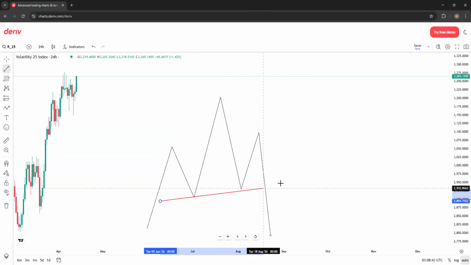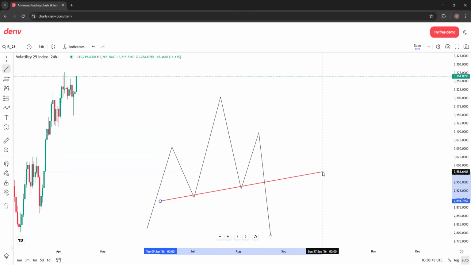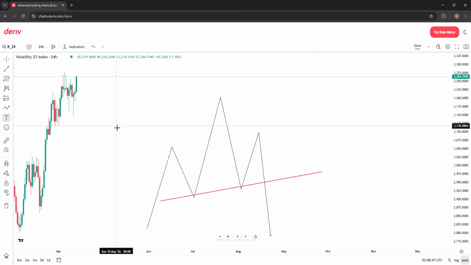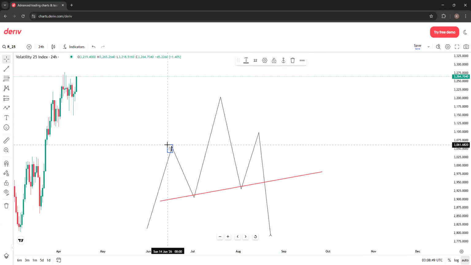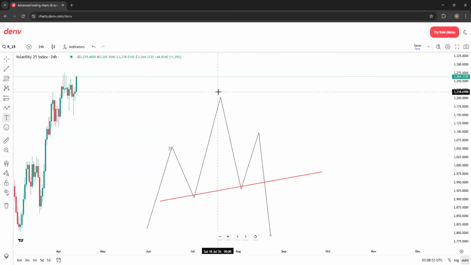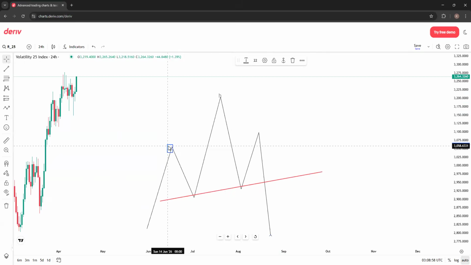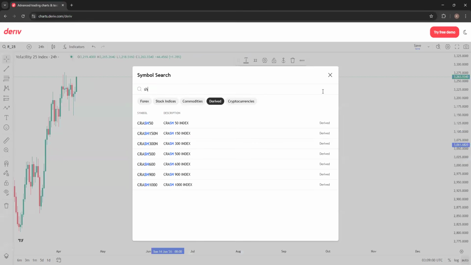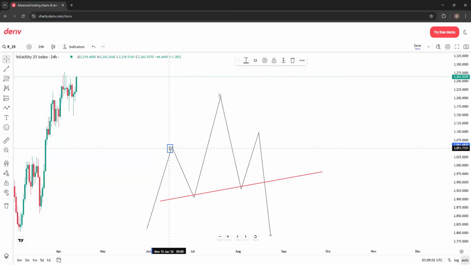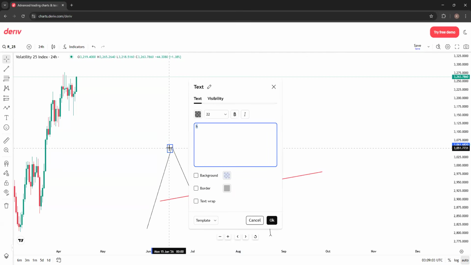So this will be our neckline, right? And this would be our head. Sorry, this would be our head, and this would be our shoulder. This will be our shoulder, right?